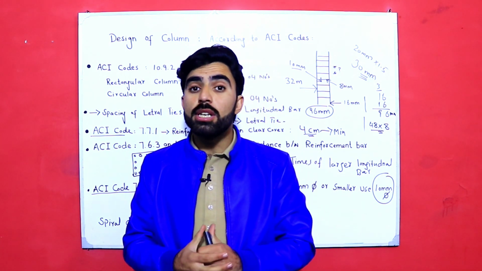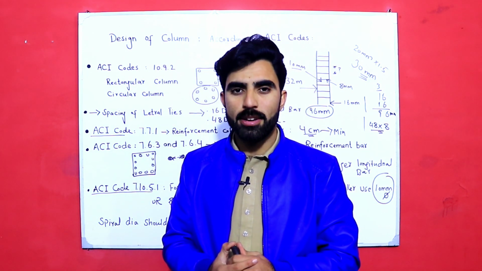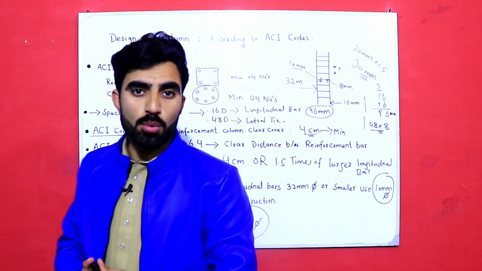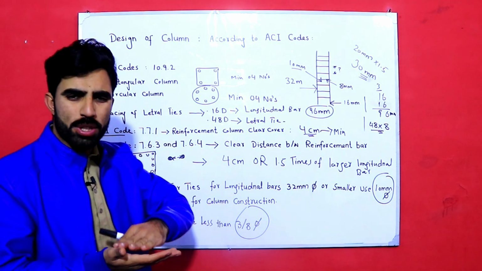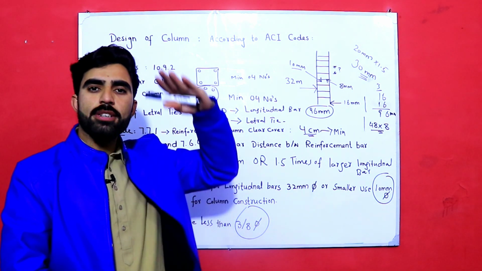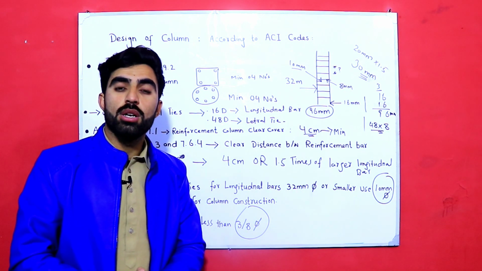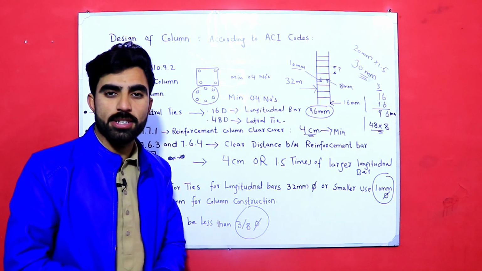Especially they work in earthquakes; they resist earthquake and also buckling. Therefore we should provide lateral ties at different spacings along the height of the column to hold the main reinforcement or longitudinal bars.